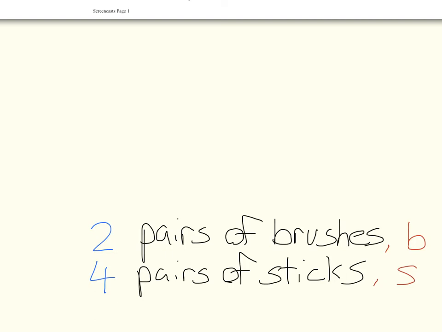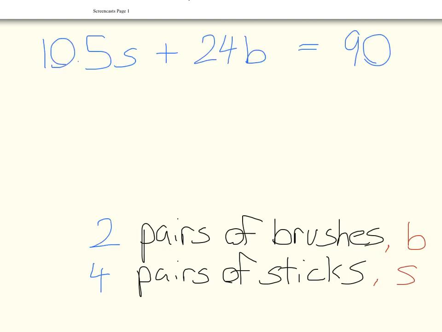So what we're going to do is remove S, the pairs of sticks, and replace it with 4. And we're going to remove this B, the pairs of brushes, and replace it with 2. Again, don't forget, parentheses. Let's see if, according to our calculations, buying 4 pairs of sticks at $10.50 and 2 pairs of brushes at $24 each does, in fact, equal $90.